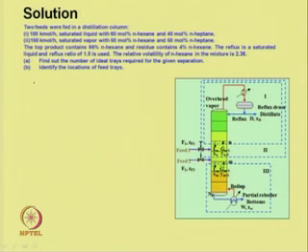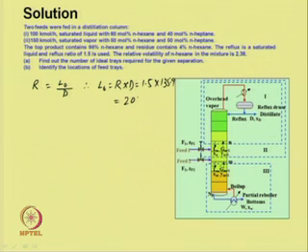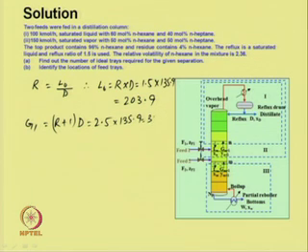So, we can write R is equal to L naught by D, and therefore, we can write L naught would be R into D, which would be equal to 1.5 into 135.9, which is equal to 203.9, and G1 gas flow rate would be R plus 1 into D, which is 2.5 into 135.9, which is equal to 339.8.